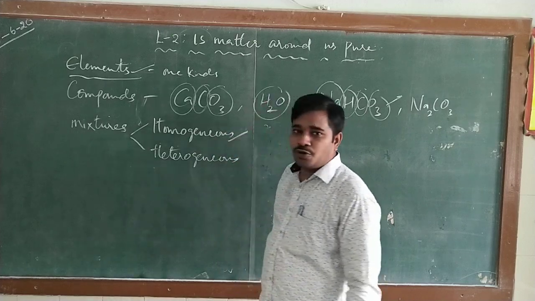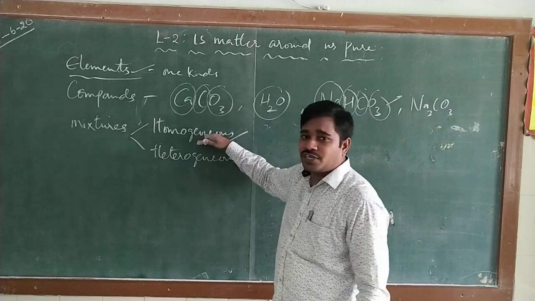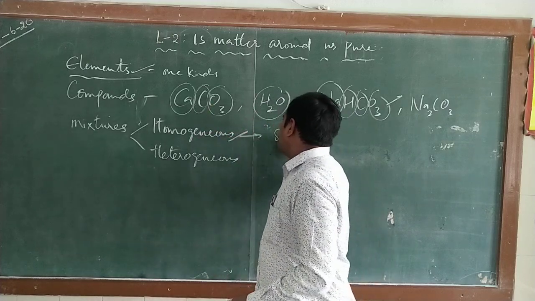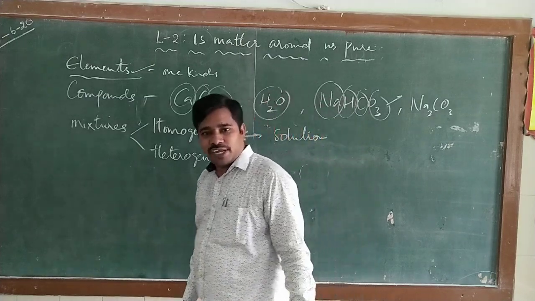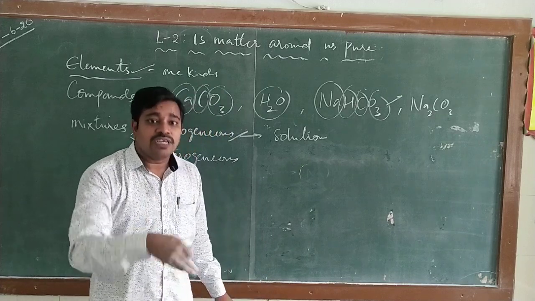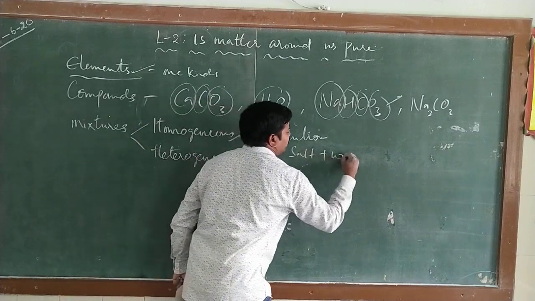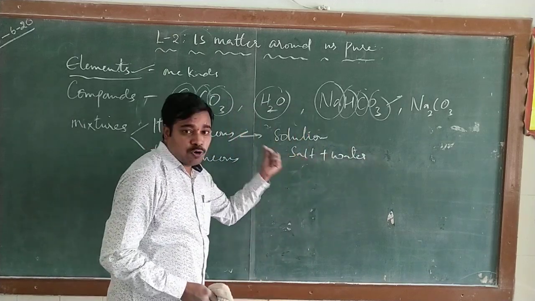Homogeneous and heterogeneous are both mixtures. For homogeneous, the best examples we can take are solutions. What is a solution? For example, when you prepare a sugar solution or salt solution, salt plus water. When we combine the salt and water, they make a solution.